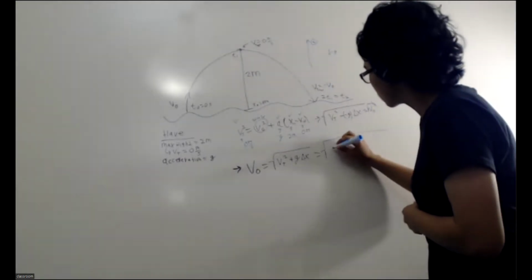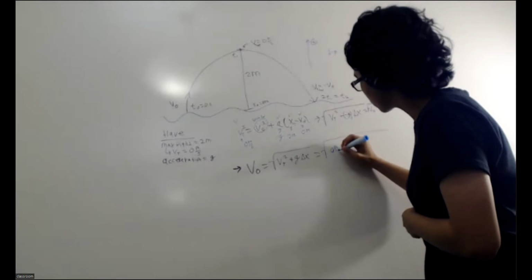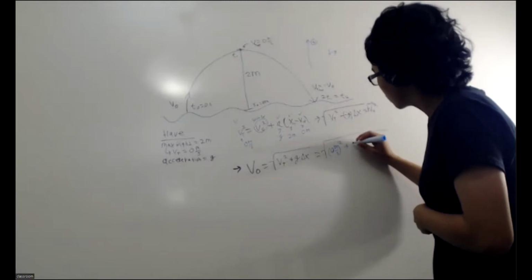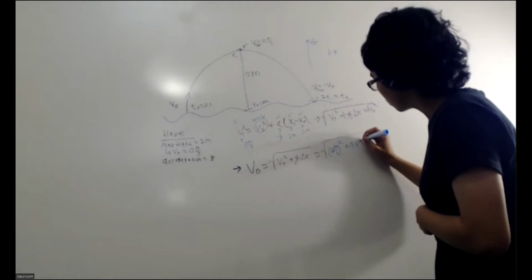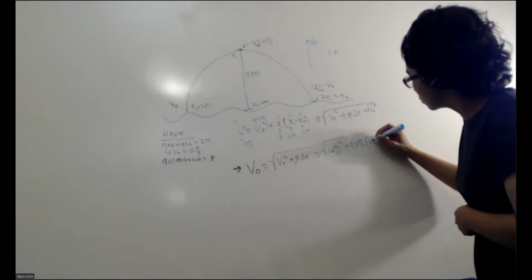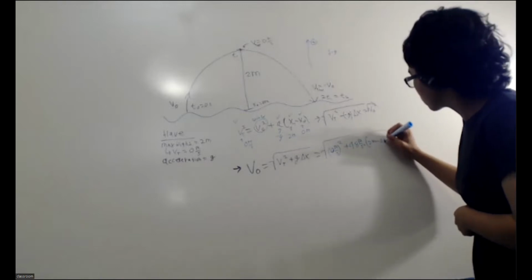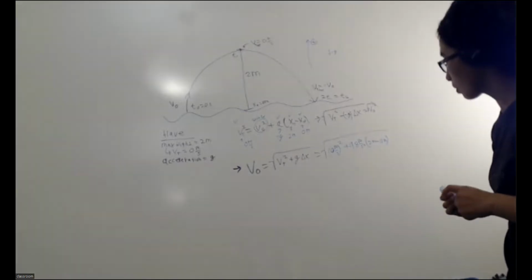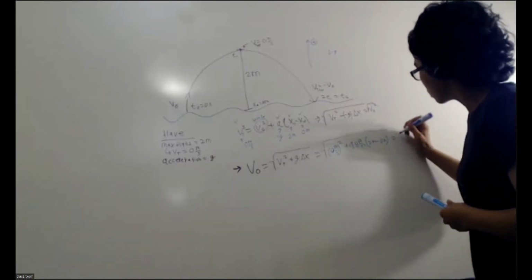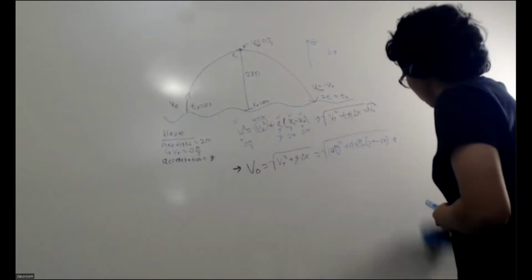This is going to be 0 meters per second squared plus 9.8 meters per second squared times 2 meters minus 0 meters. Which is equal to, I'll do it below.